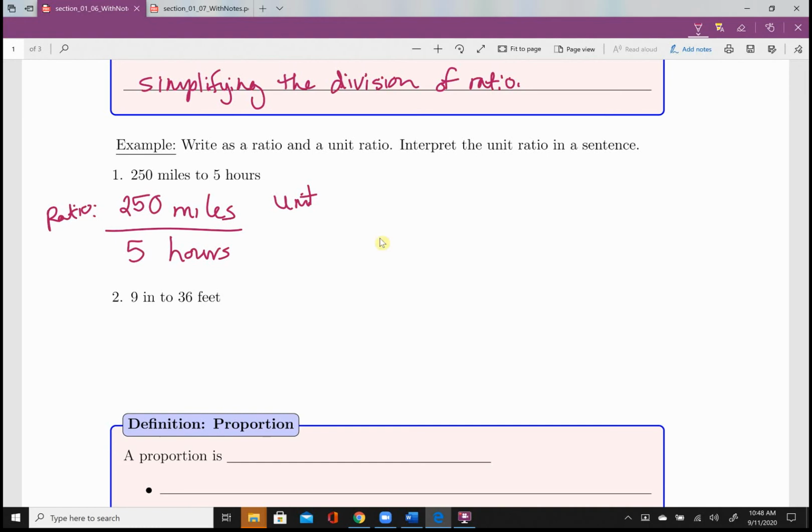So how many times does 5 divide into 250? Well, it happens to divide perfectly with no remainder. So you can just reach for your calculator for this. I'm totally fine with that. And divide 5 into 250, and you should get 50 if I'm not mistaken. Indeed. So that means the unit ratio will be 50 miles per hour.